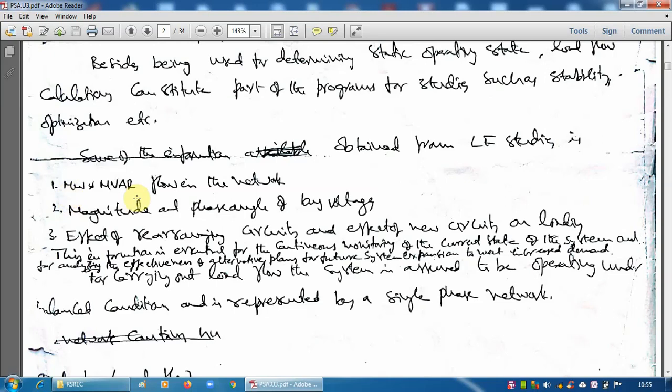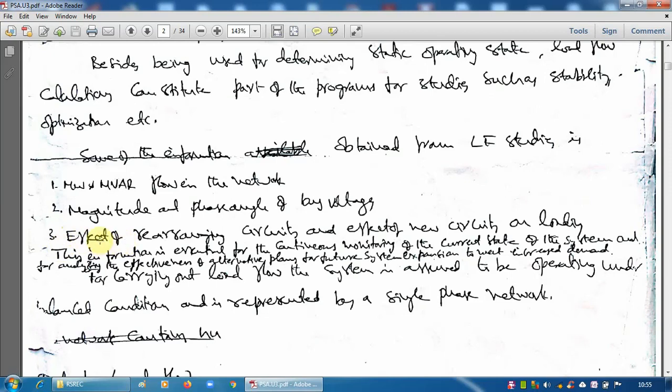That is one data. And magnitude and phase angle of bus voltages, all bus voltages, magnitude and their phase angle. These voltage angles of all buses are expressed with respect to the reference bus voltage.